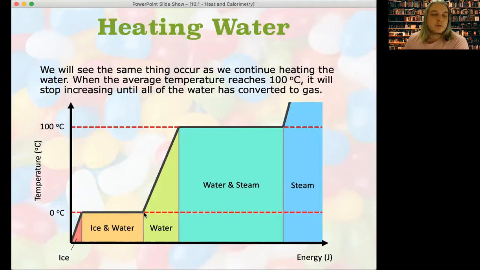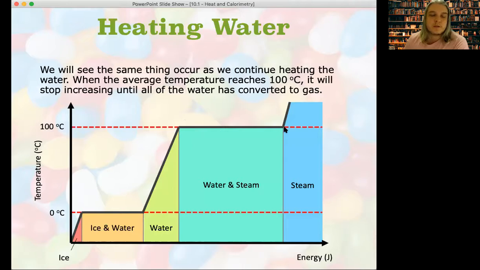Once we get to all water, then the energy that we keep giving it results in temperature change. So it keeps climbing. Once we give it enough energy to get to 100 degrees Celsius, then we stop again. We stop the temperature rise again, because all the energy is now going into overcoming the bonds holding it together as a liquid, which means that it will stay at 100 degrees Celsius until it is all turned into steam.